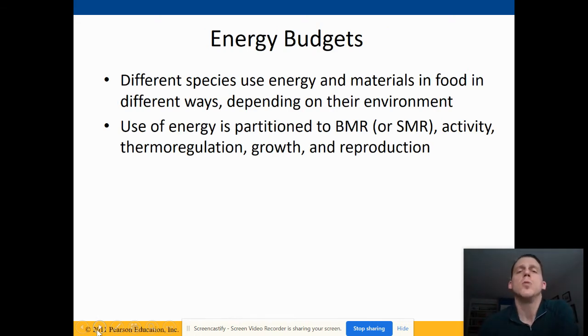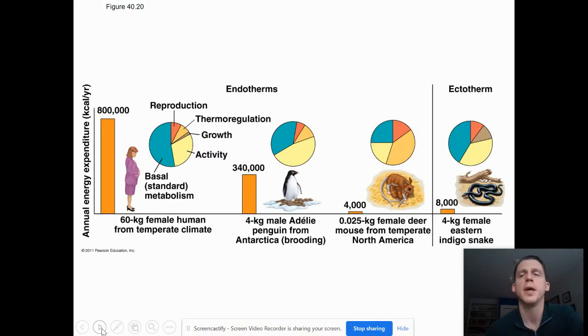Different species use different energy budgets, basically. Depending on the species, the way they partition the energy is going to be very different, depending on their adaptations and their environment. They divide up their energy among metabolism, various activities, thermoregulation, growth, and reproduction. We see some examples of that here.